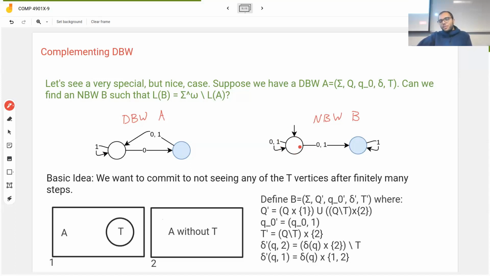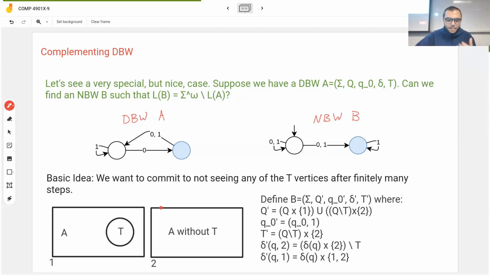But at some point, you have to take this edge, and this edge is a commitment edge. And what that means is that you're committing that after you take this edge, you're not going to see any zeros anymore. Okay? And remember, 0 corresponded to an accepting state here. So essentially, what I'm saying is that at some point, I'm committing that I'm not seeing any accepting states of the original automaton. Okay?